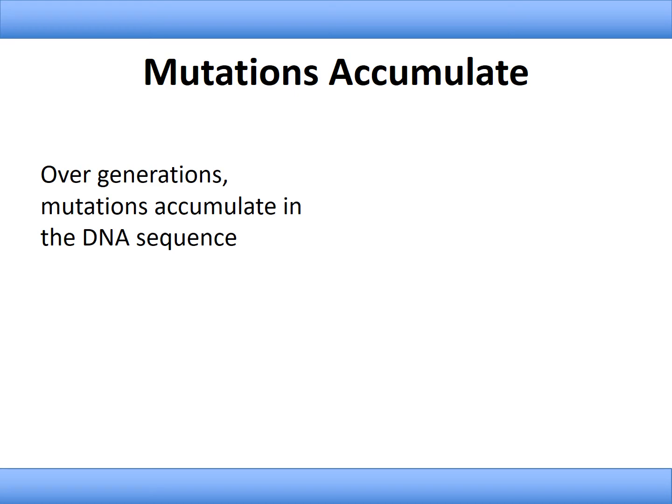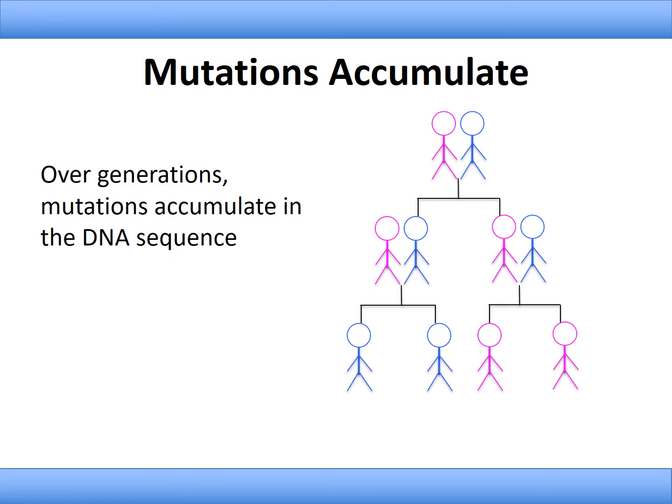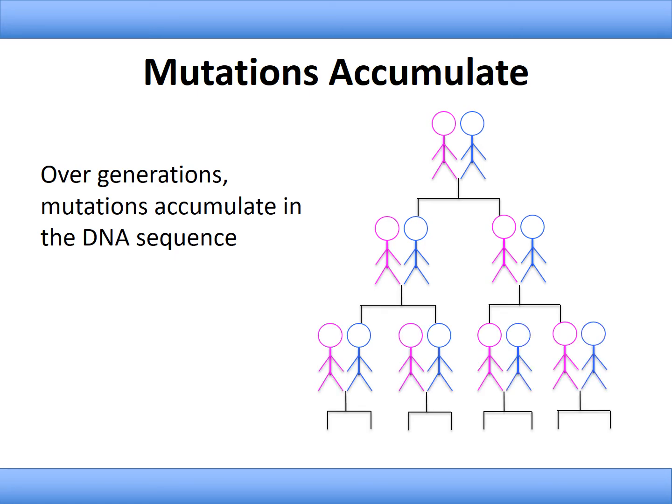Over generations, mutations accumulate in the DNA sequence in that lineage. So imagine a traditional couple, they get together, they have some kids, their kids grow up, have some kids of their own. We have these very traditional family systems here, producing lots and lots of grandchildren and great-grandchildren.